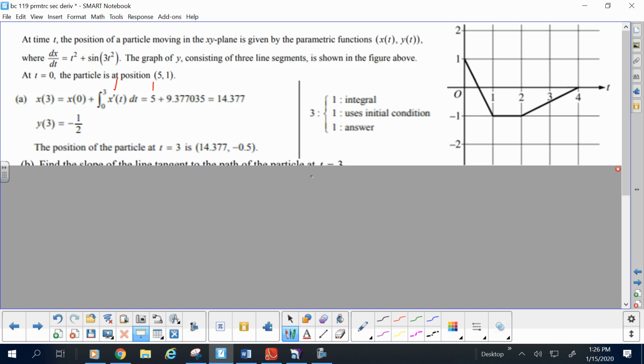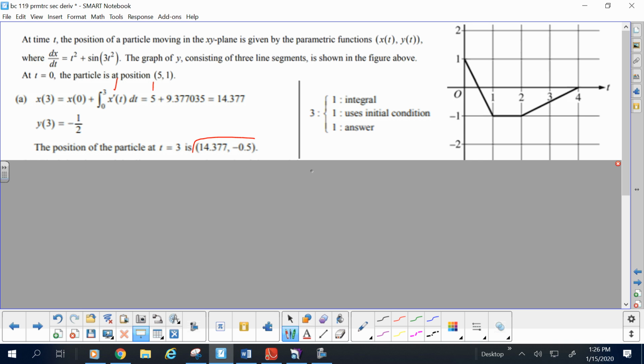And if your final answer is correct, and by that I don't just mean horizontal and vertical, if you found the horizontal is 14.377 and the vertical is negative 0.5, then give yourself 3 points there. All right? Any questions about A? Yes? Well, if we don't have like x is 0, we just have 5. That's fine. Yep, absolutely. Okay.